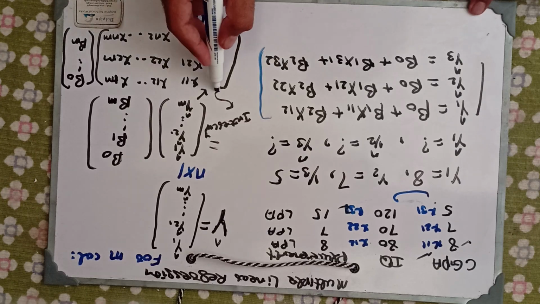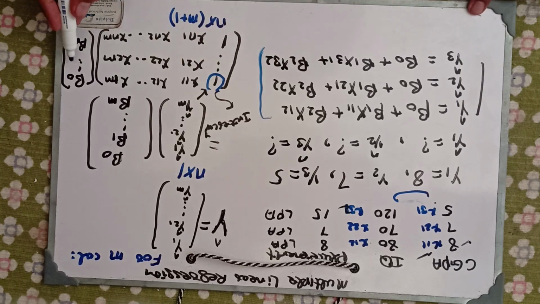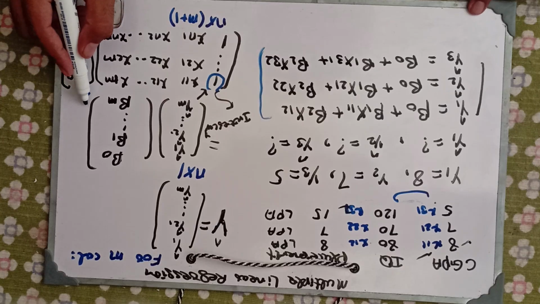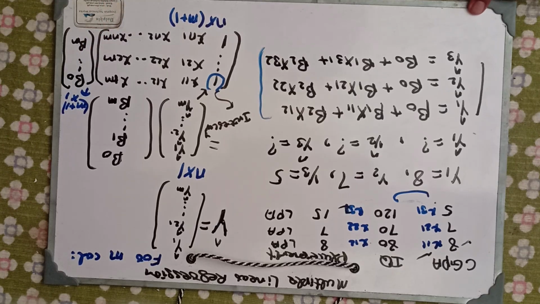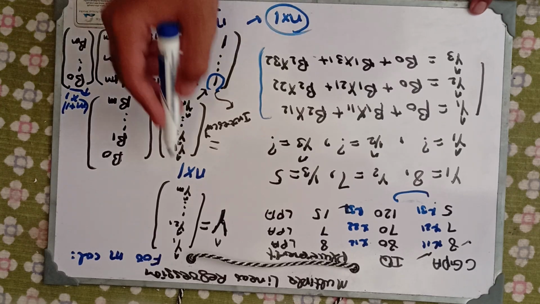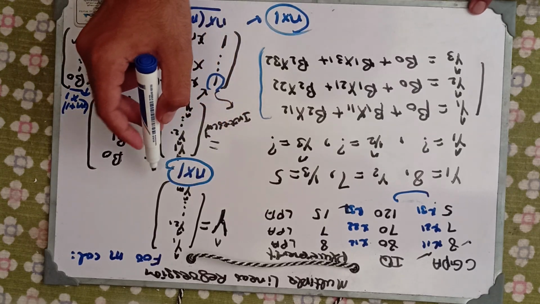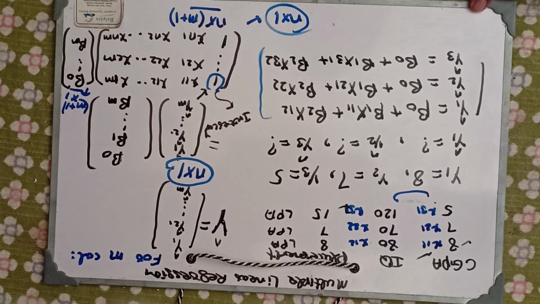Why m plus 1? Because of this extra intercept, right? In the same way, the order of beta is m plus 1, because of the intercept, multiplied by 1, meaning only one column, right? So if we multiply this with this, we get n multiplied by 1, which is the same as the dimension of y hat as well, right?